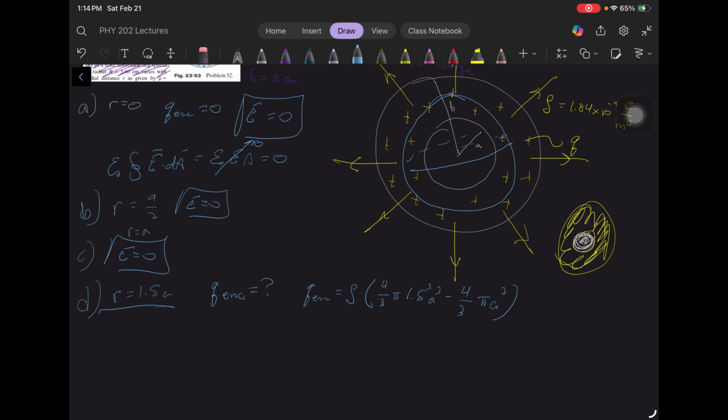Our Gaussian surface is located at r is equal to 1.5 A away, and so it has a volume 4/3 pi 1.5 cubed A cubed. All we did was take 1.5 A, cube the whole thing, and then we subtract out this hollow core that we have here. Cool.